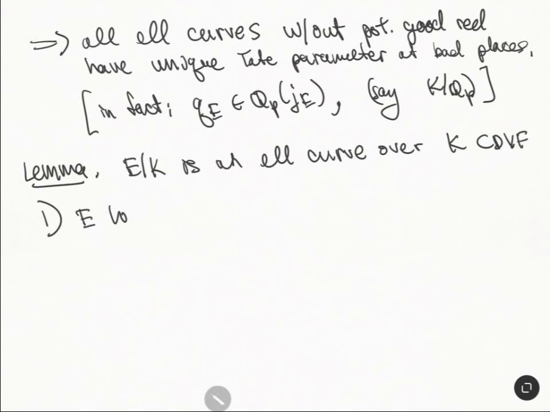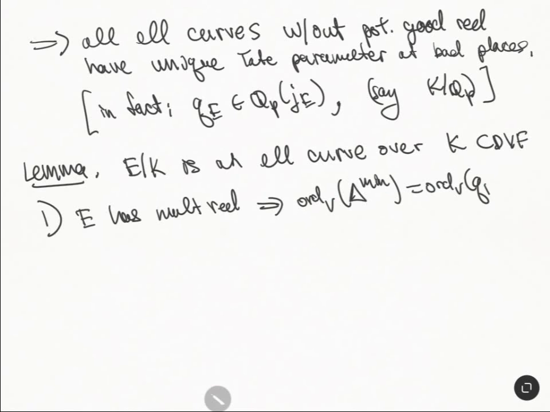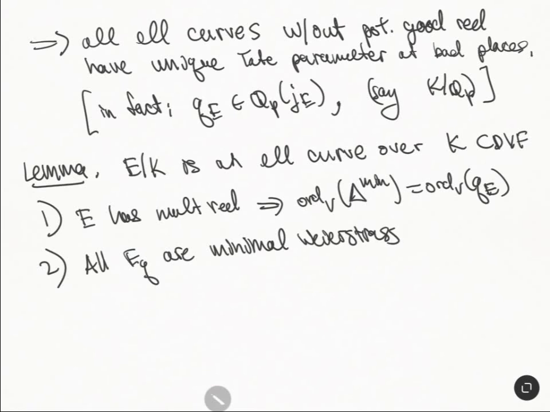If E has multiplicative reduction, then this implies that the valuation of the minimal discriminant is equal to the valuation of the Tate parameter. And then the second thing that I want to say is that all these things are minimal Weierstrass equations, so they have minimal discriminants.